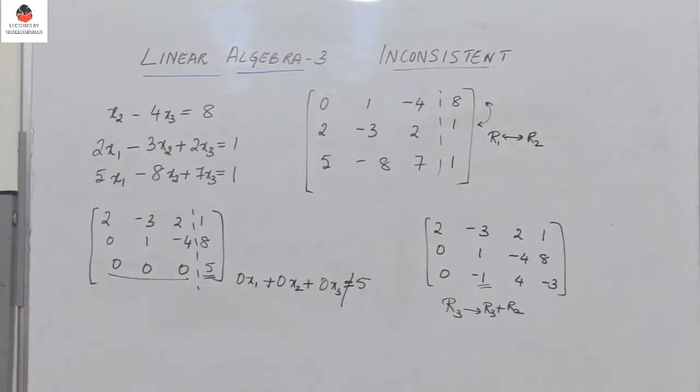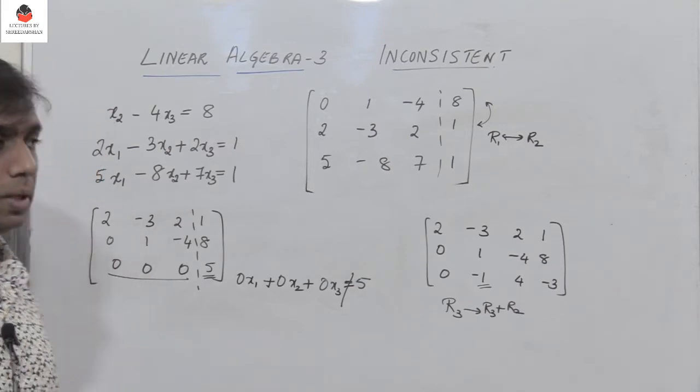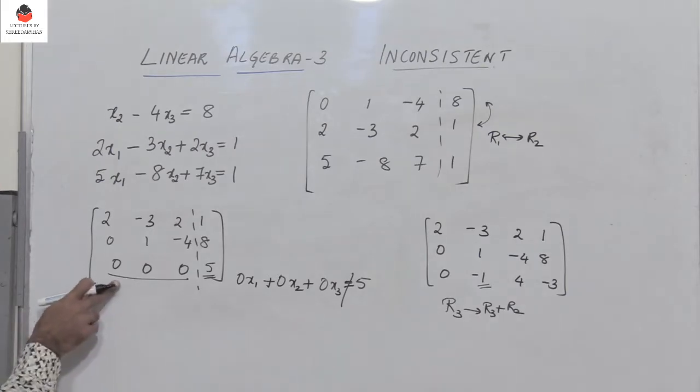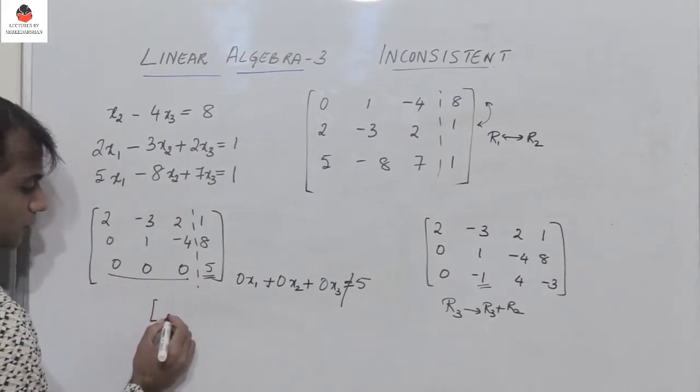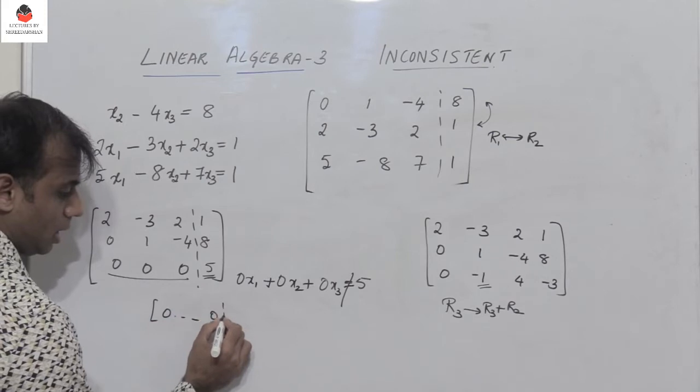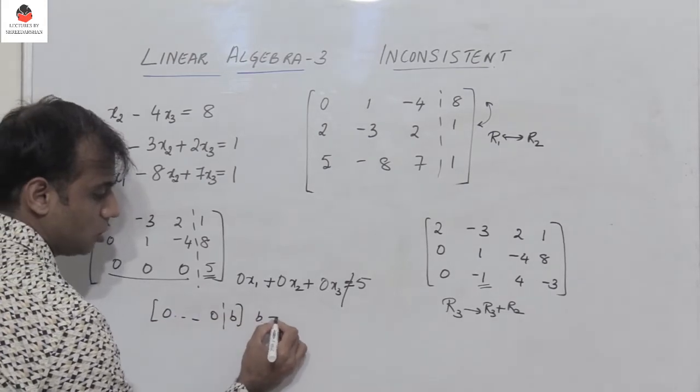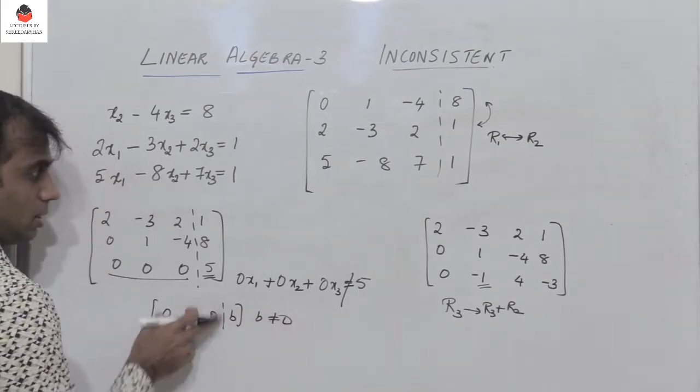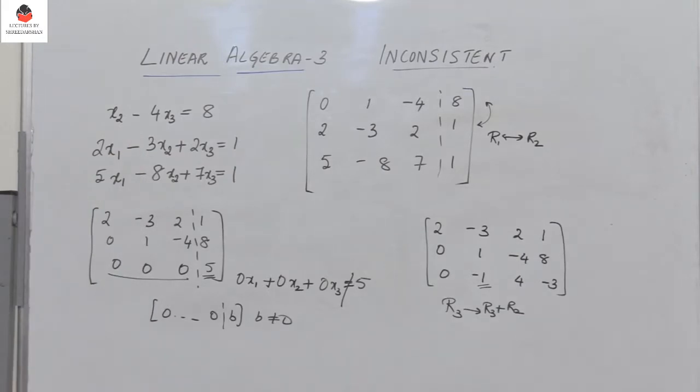So this means that the system of linear equations is inconsistent or there is no solution. So as I've already mentioned, if the last row of the augmented matrix is of the form 0 and then B, where B is non-zero, then the system of linear equations is inconsistent.